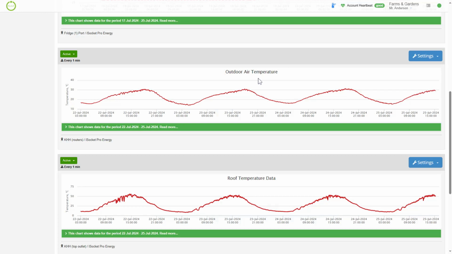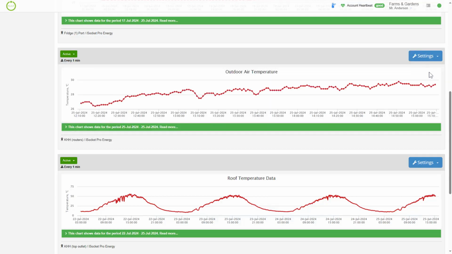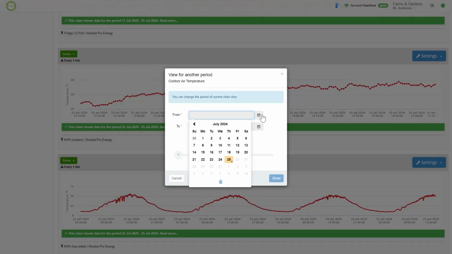So it's the true outdoor temperature, the correct one, the same that you will see in the forecast. The last 3 hours is not so interesting. It's for a longer period. Again, we can view another period. Let's do it from March.